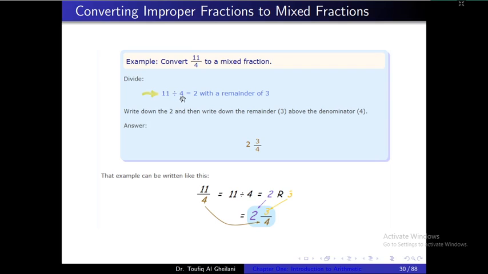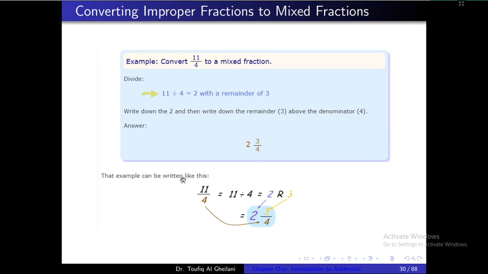So 8 divided by 4 is 2. And how many remainder? The remainder is 3. So now we write down 2, and we put the remainder in the numerator, and the same denominator here.